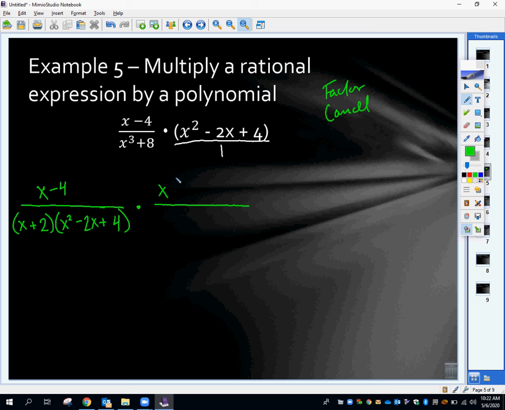So we may think, let's look for two numbers that multiply to 4 and add up to negative 2, and maybe we can factor that. However, one thing that I notice is that if I didn't factor it, would it match something in the denominator?